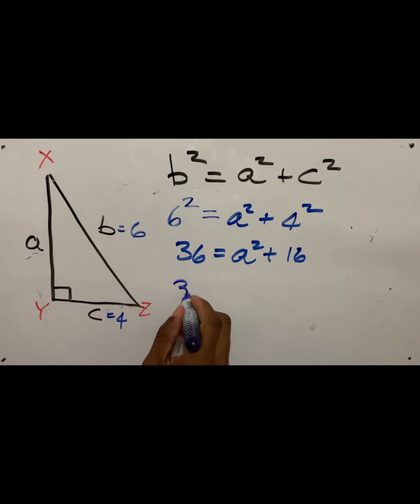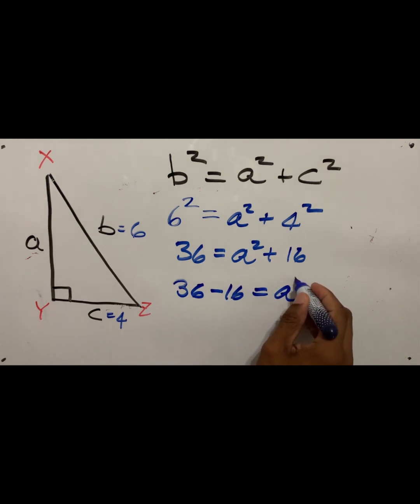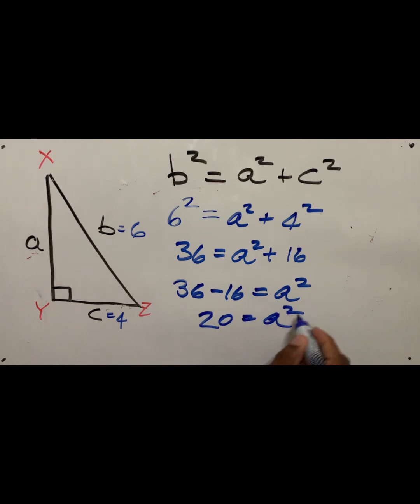So we have 36 minus 16 is equal to a squared, okay? So then 36 minus 16 is equal to 20. So 20 is equal to a squared. So a is then the square root of 20.